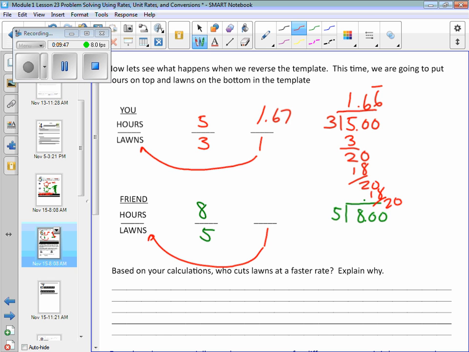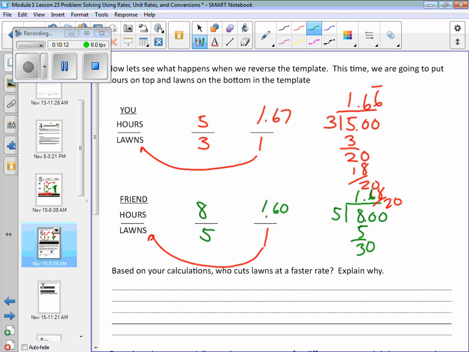What's nice about 5 into 8.00 is it terminates a lot quicker. 5 goes into 8 how many times? Just say it. 5 goes into 30 how many times? It terminates, and now we have 1.60, which is less time, because this is now representing hours.